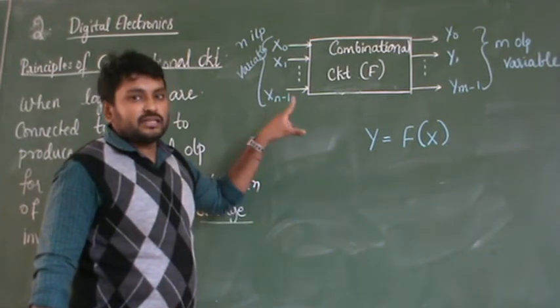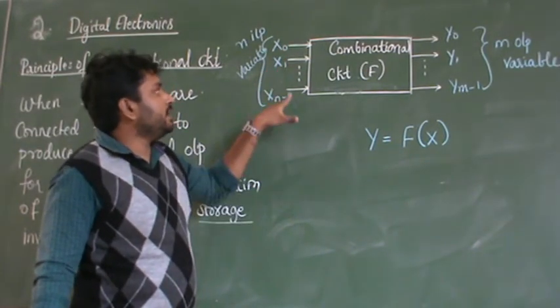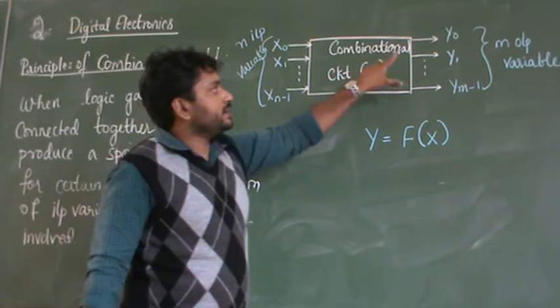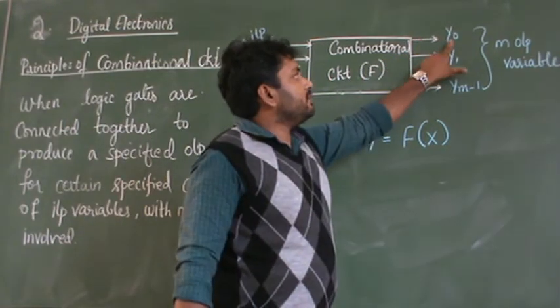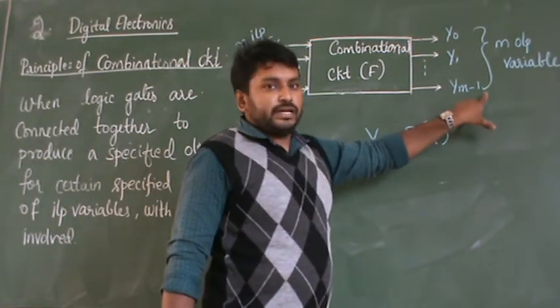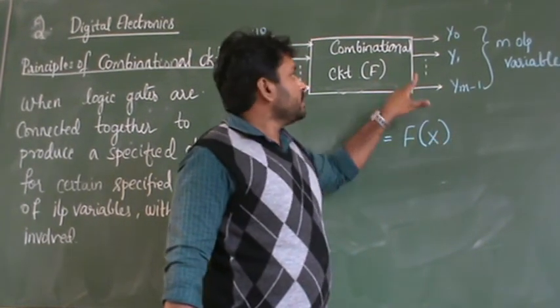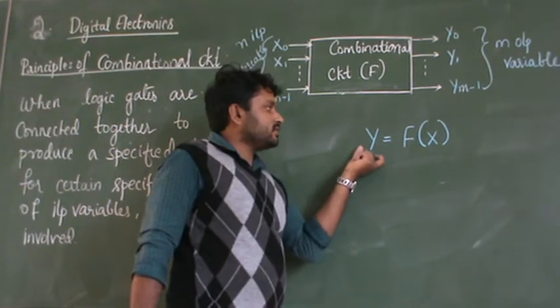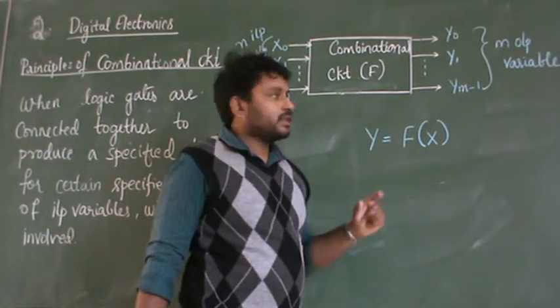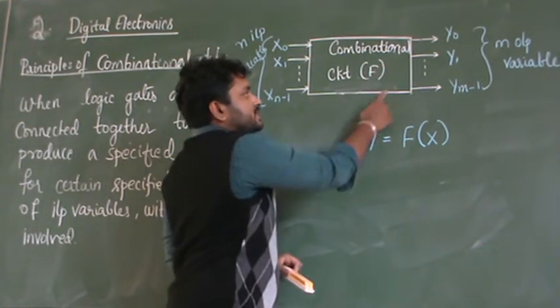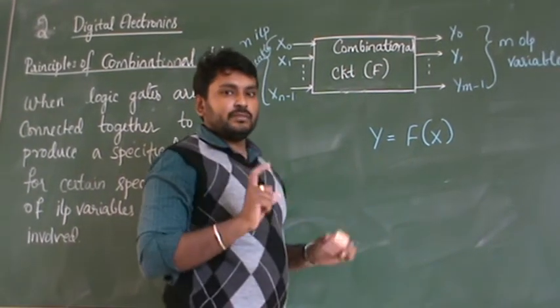Okay. So this is a general diagram. It has n number of inputs. Coming to the right side, the outputs are y0, y1 and yn minus 1. These are the outputs coming towards the right side. Okay. So now can I write it as y equals f of x? I am representing this combinational circuit as f. F is nothing but a function.